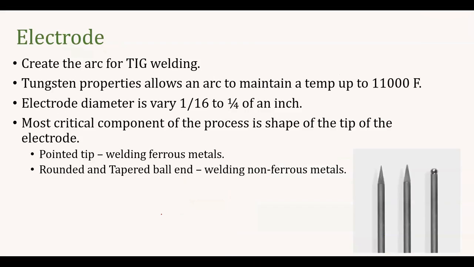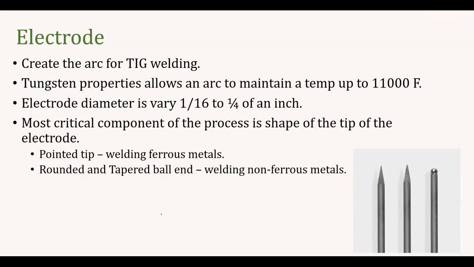The electrode is used to create the arc for the welding, and tungsten properties allow an arc to maintain a temperature up to 11,000 degrees Fahrenheit. Electrode diameter generally varies between 1/16 to 1/4 of an inch.